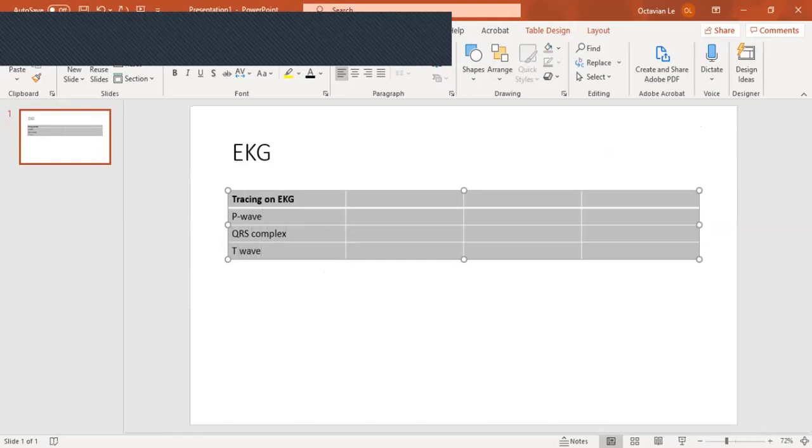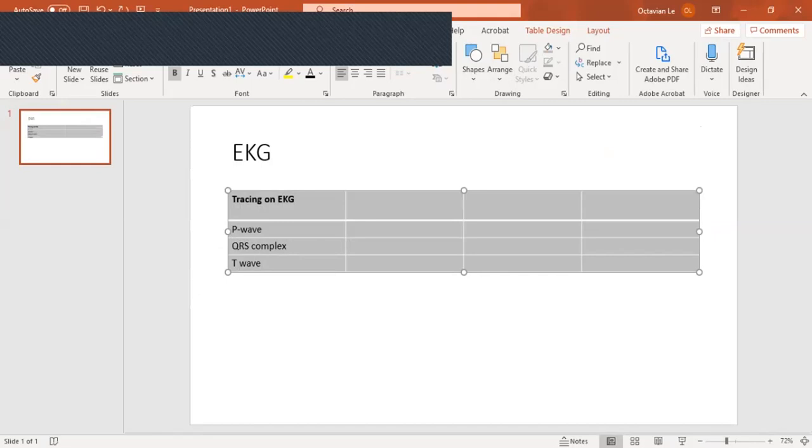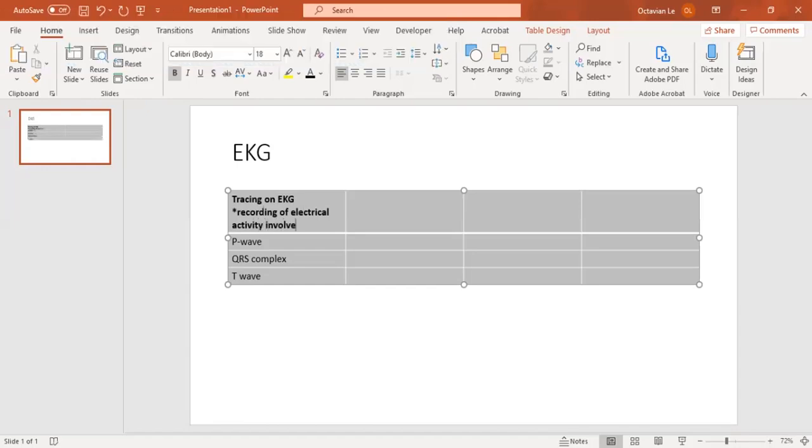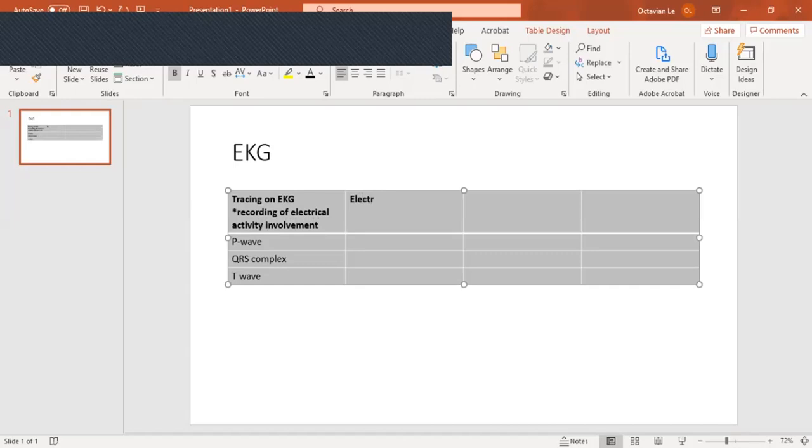Now, what does the P wave mean, what does the QRS complex mean, and what does the T wave mean? As you know, the tracing on the EKG represents the recording of the electrical activity involved. So what that means is that you have electrical activity involved. Okay?